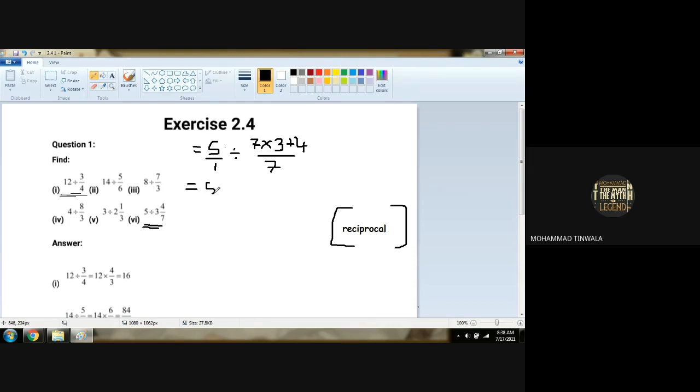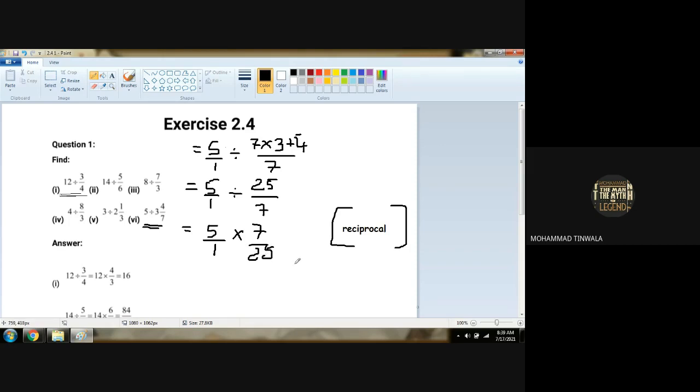So 5 upon 1 as it is, divided by 7 3s are 21 plus 4, 25 upon 7. Any doubt here? Now reciprocal, 5 upon 1 will be as it is. This division sign will convert to multiplication, so it will be 7 upon 25.